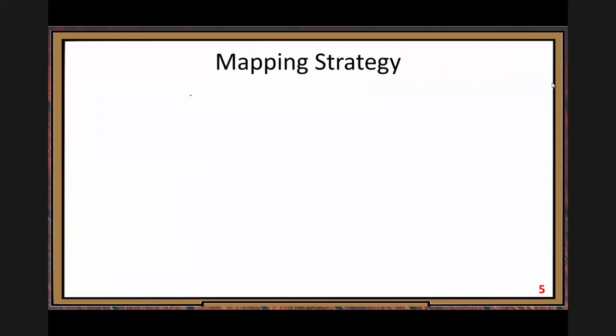Mapping strategy. Here you will see the magic occurs in the mapping. You have freedom to choose the mapping algorithm. You have a lot of freedom to choose your mapping strategy.